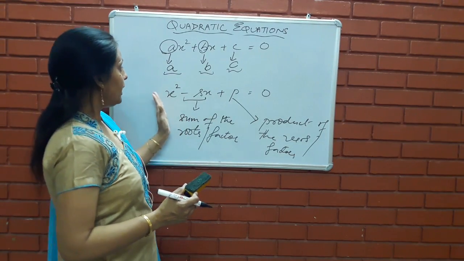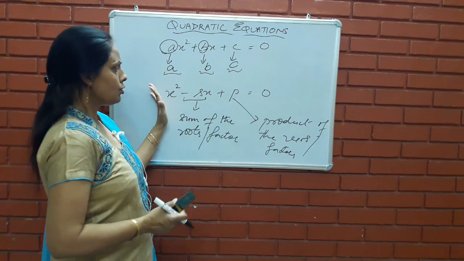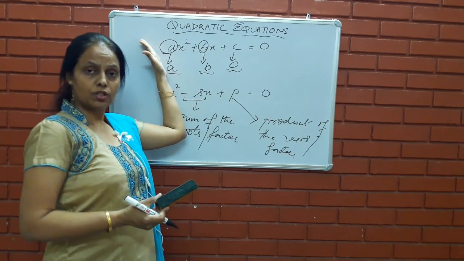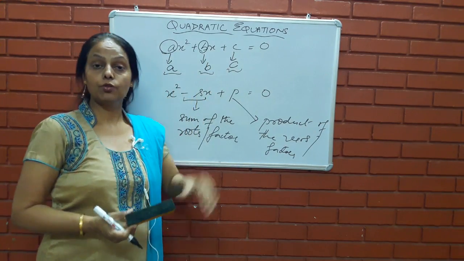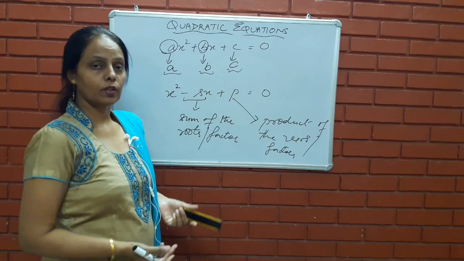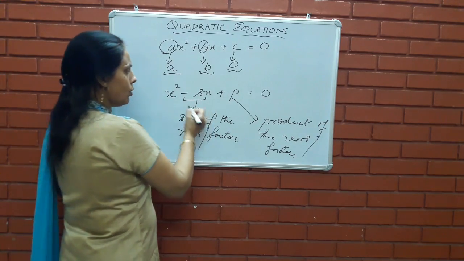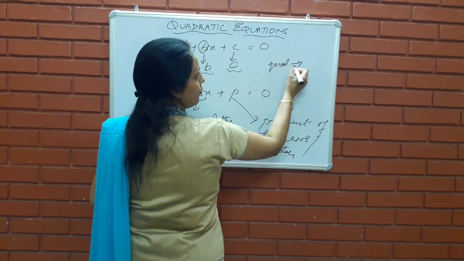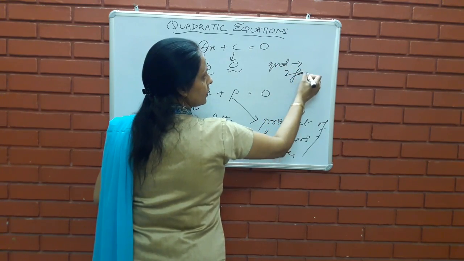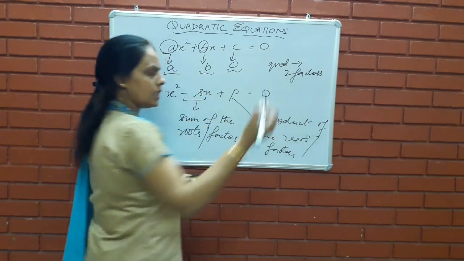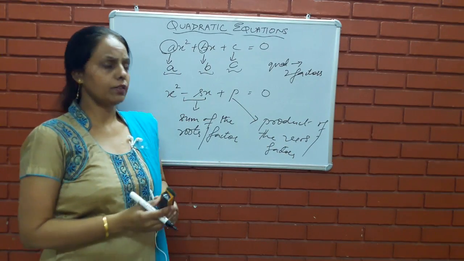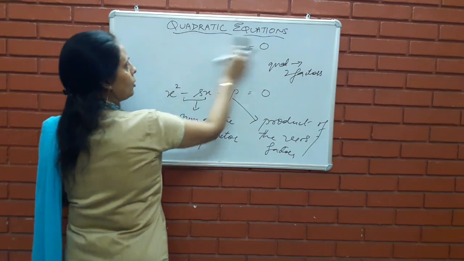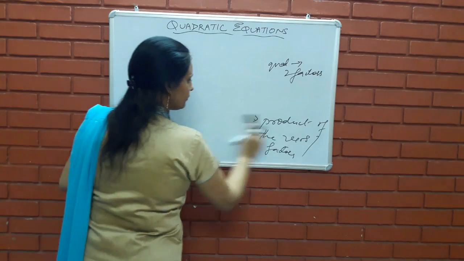Now we can either use this one or we can use this one, and we can verify by using both these equations. A quadratic equation always has two factors, as the degree is 2 only. We can cross check it and verify it.